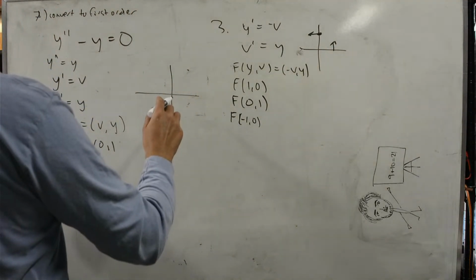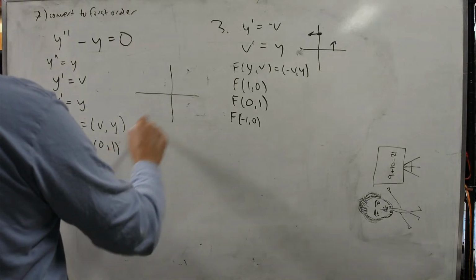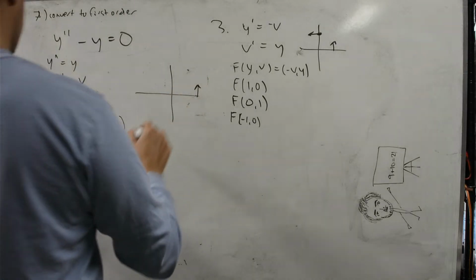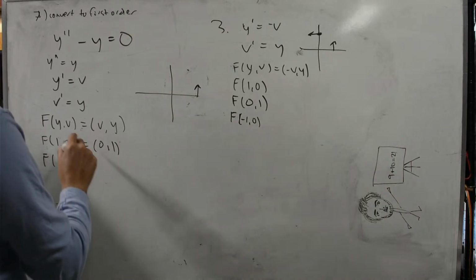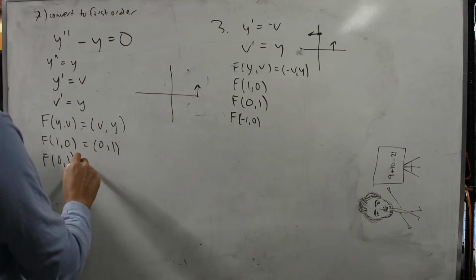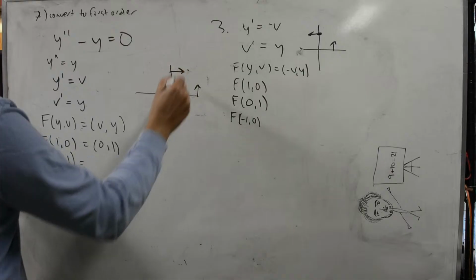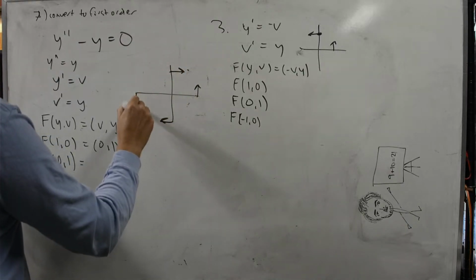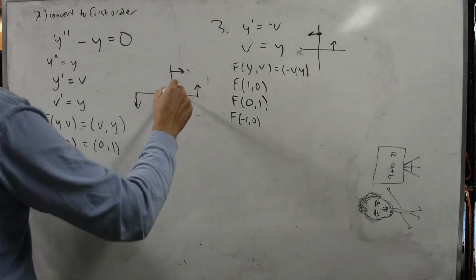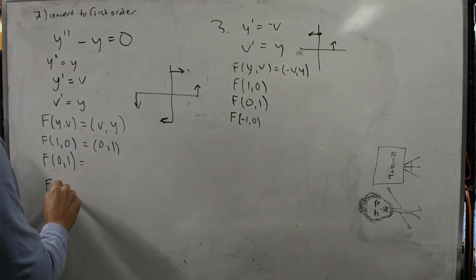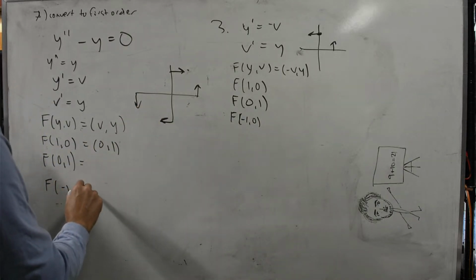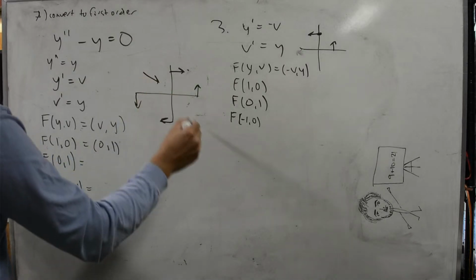But then this one, this is like this, but then f of... okay, so I think that it goes like this. So if we have f of (minus 1, minus 1), I think that these come in like that, right?